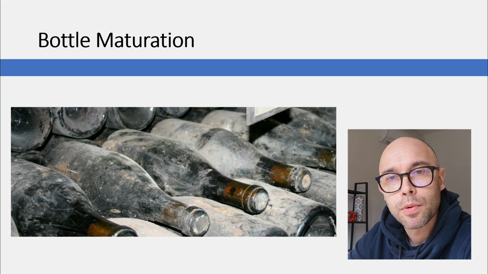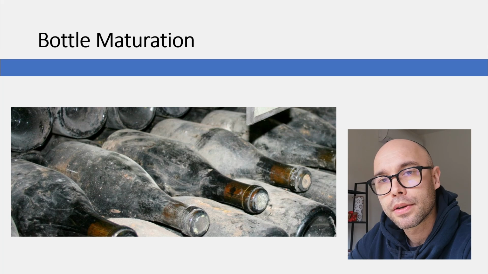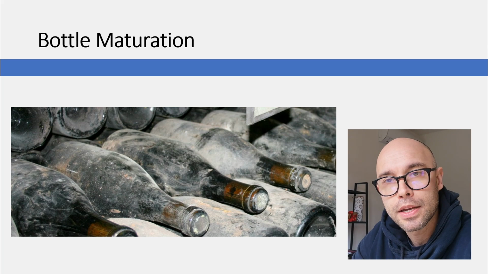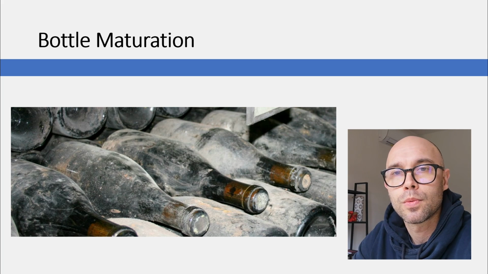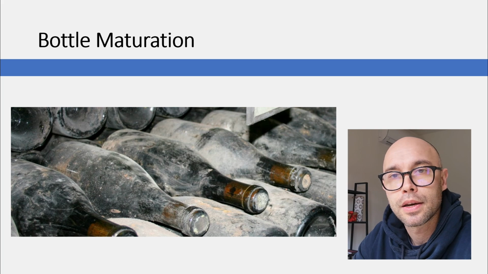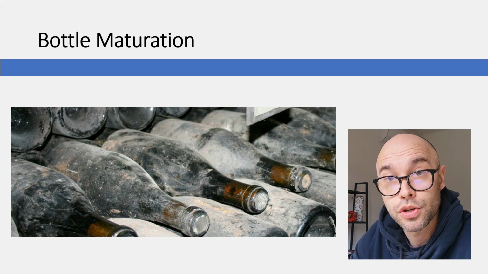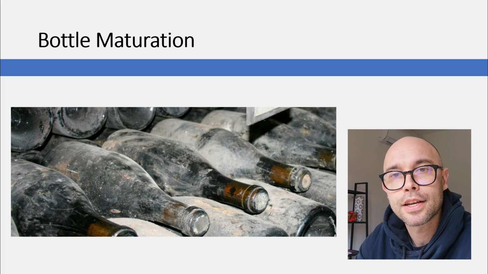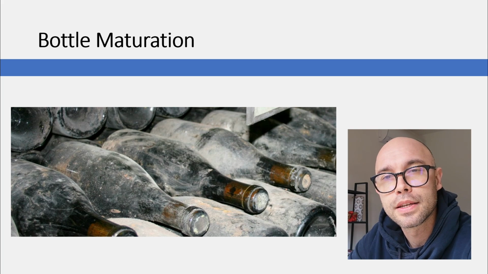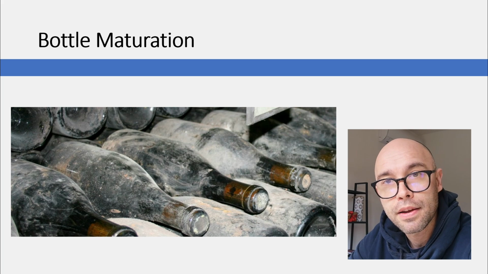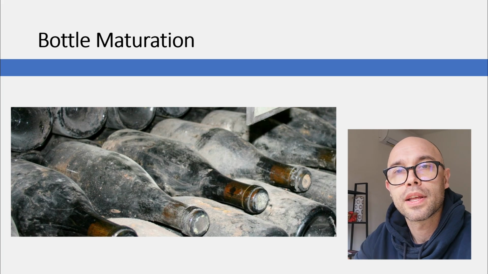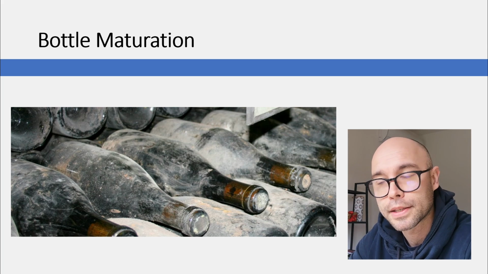Qualities that help are higher acidity, higher tannin, and residual sugar. But next to all these qualities, first of all, wine needs to have a strong flavor in order for that flavor to change into something more complex.